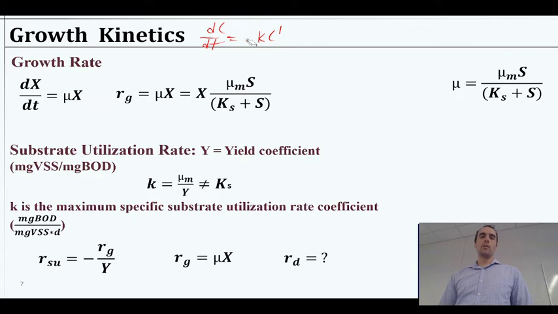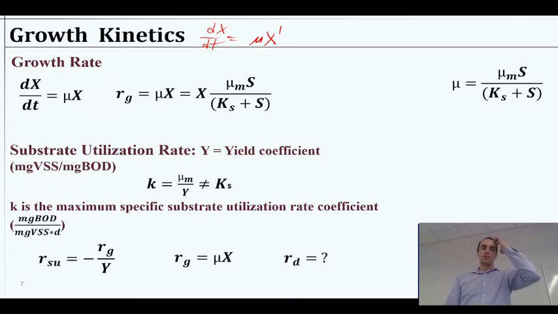Except this is going to be growth, so it's not a negative. And we're calling this X instead of C, and we're calling this mu instead of k, right? So very much alike, just showing you here very clearly that it's the same form. It's just a first order growth, so we have a positive. We're no longer using C or N, we're using X, and mu instead of k.